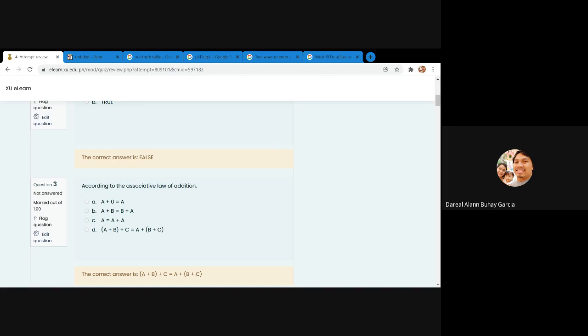Ang grouping, remember ko na sa grade school. Addition man yun. Boolean theorem number 11, I think. Okay. So the correct answer is this one.